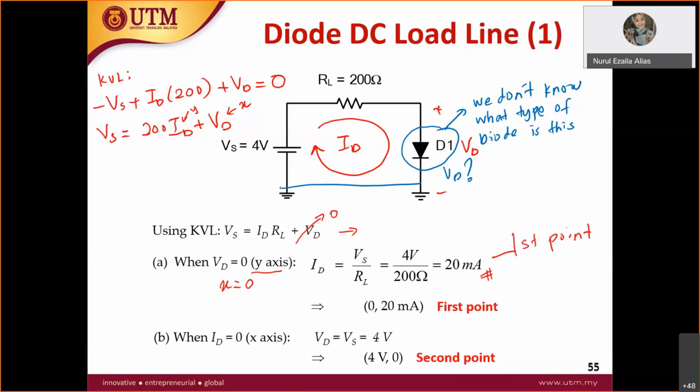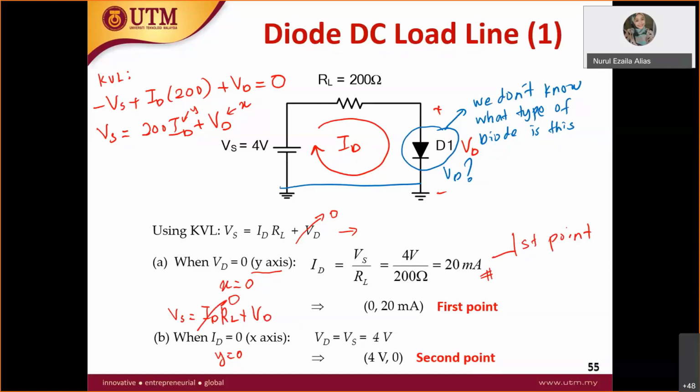For the second one, y equal to 0. If you have VS equals ID RL plus VD, y equal to 0 means ID equals 0.